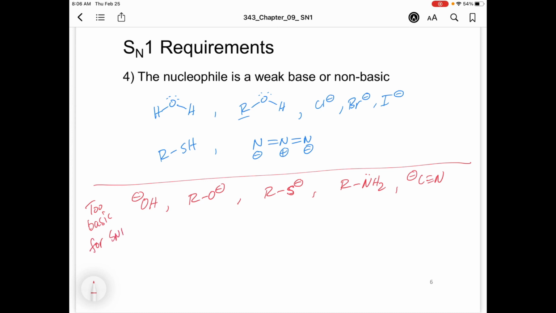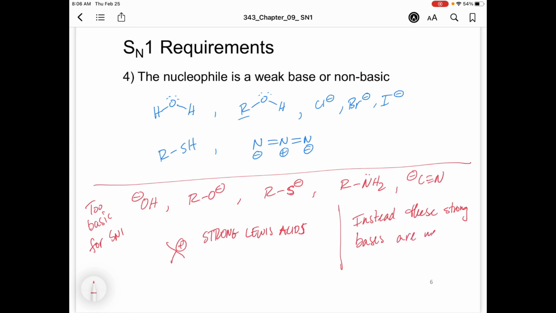Instead, remember that typically we're making this pretty stable carbocation. These are really strong Lewis acids. They are not compatible with really strong bases, okay? Instead, these strong bases are useful for another type of reaction.